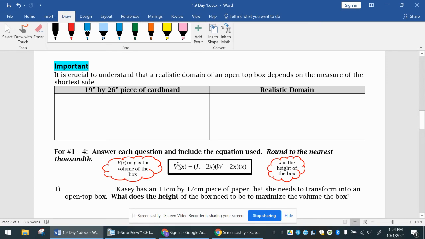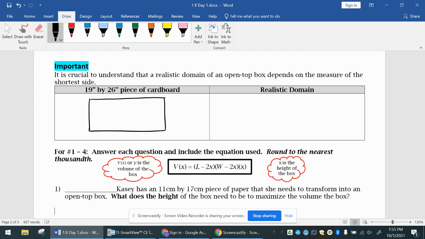Okay, guys, sorry we ran out of time during class, but one of the main ideas I wanted you to understand about the lesson is that when you have a flat piece of paper or cardboard or material and you're trying to create an open top box from it, you have to cut out little boxes from the corners, okay?